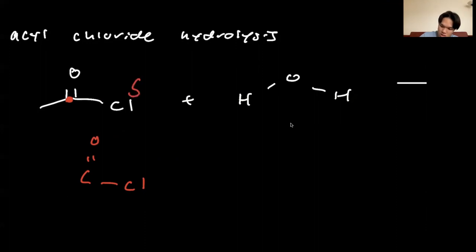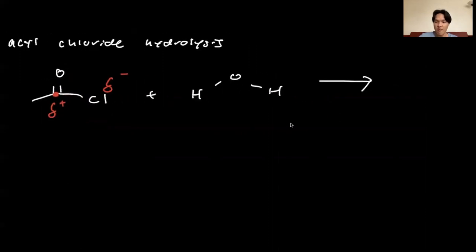It's going to go to the chlorine, which means this carbon here, not only is it already getting the delta positive from this oxygen, but it's also getting the delta positive from this chlorine. So there's a really, really big delta positive on that carbon, right? Which means if we react it with water, we don't really need a catalyst, right?